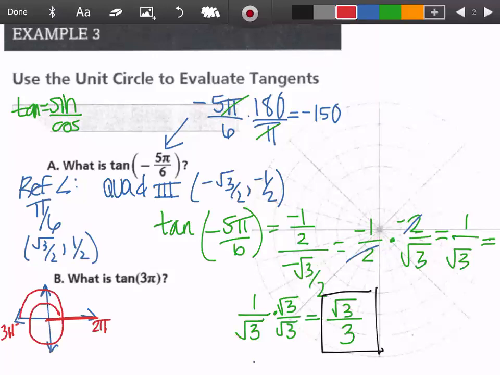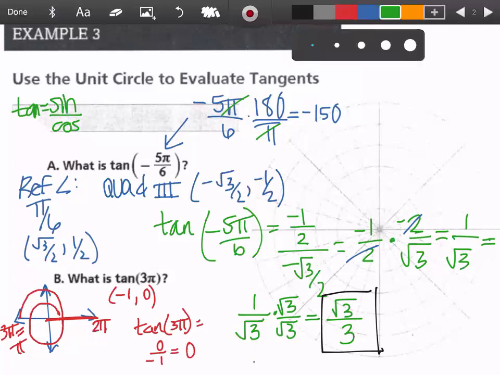So our point on the unit circle there, if you rewind to the beginning of the video, our point on the unit circle for 3 pi, which is equal to pi, we have negative 1, 0. So now tangent of 3 pi is equal to 0 over negative 1, which is equal to 0.